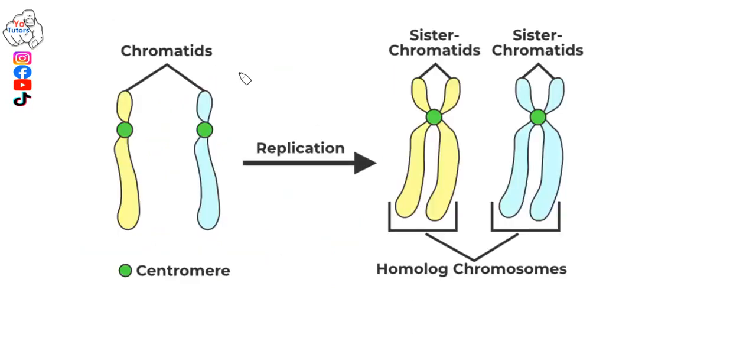Now, let's understand some terminology that you're going to meet in meiosis. We have a chromatid. If it's a single strand like this, we call it a chromatid. And in the middle here is the centromere. DNA replication is when DNA makes a copy of itself.